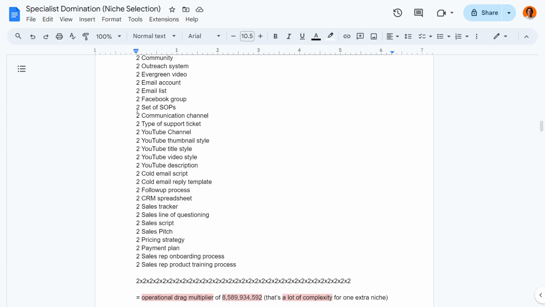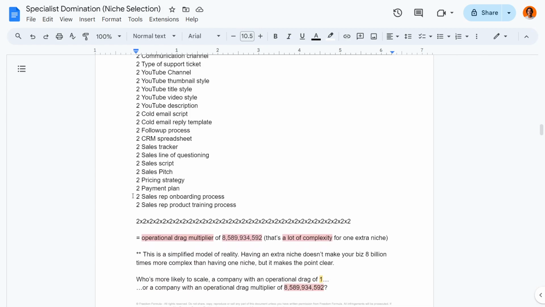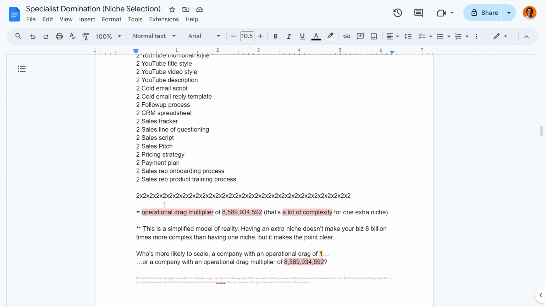So in that case, you'll have to have a channel or an inbound strategy for gym owners where you'll be creating content related to them. And then you'll have to have a different profile where you'll be creating content for dentists, right? You'll have to have two sales pitches, two sales scripts, two pricing strategies, two payment plans, and things like that, right? And when you combine them all together, the operational drag multiplier is somewhere around 8.5 billion.